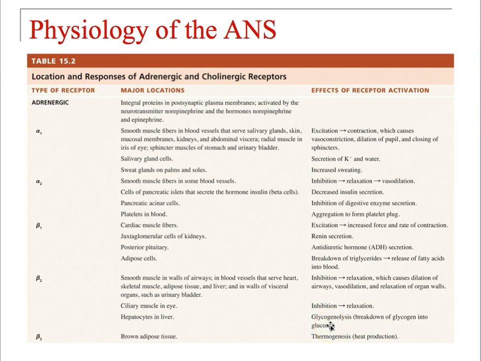Think back to the first exam, when we were talking about how we make glucose available inside the bloodstream, and we make glycogen. Remember, we store that as the polymer of glucose. I'm teaching you now that if epinephrine or norepinephrine binds the hepatocyte receptor, beta 2, we're going to increase the amount of glucose inside the bloodstream.